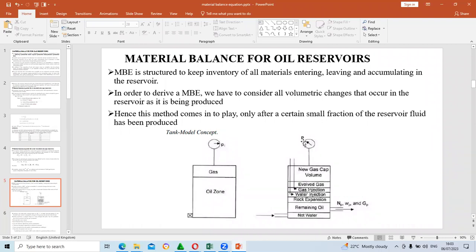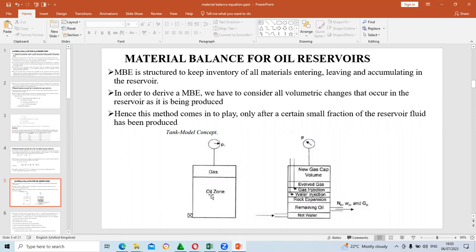When you reduce the pressure by doing production, you are producing oil and you are producing gas. You realize that as time is going, water gets into the reservoir. As more and more oil is being produced, the space is also occupied by part of the water from the aquifer. The gas is expanding and occupying another space as well.